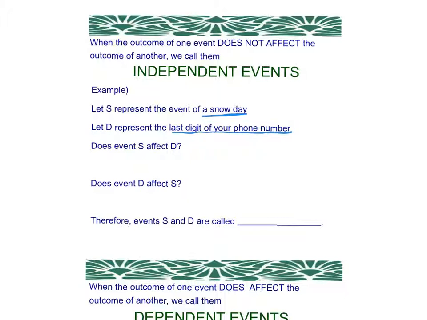I don't think so. Now consider, does event D affect S? Does the last digit of your phone number affect whether it's going to be a snow day? I really don't think so. Therefore, we would call events S and D independent events.